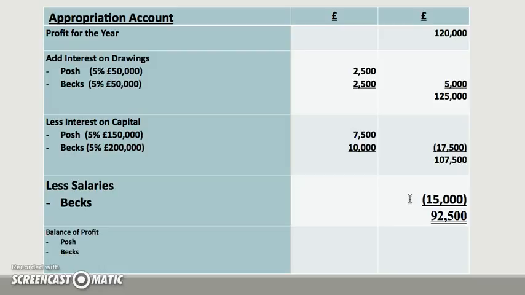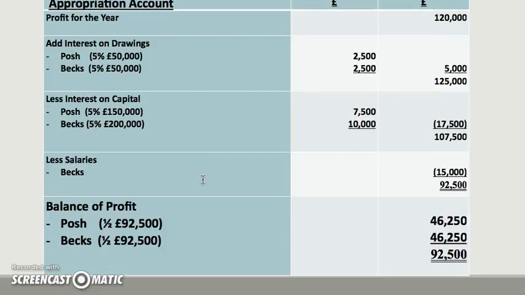So that's £15,000 of the profit for the year, which is going to be allocated to Bex as a result of this extra responsibility. And that leaves what we call the residual profits, the profit that we still need to share out, of £92,500. And the partnership have agreed that we're going to share that amount out equally.